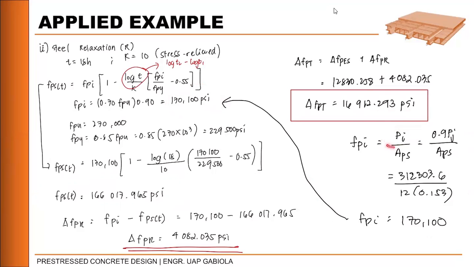So since that is a force, kailangan natin ay stress, i-divide lang natin ang area ng pre-stressing strand, which is 12 ng 0.5 diameter na strand, which is ang isang diameter may area siya na 0.153. Okay? Then ito yung value niya. So kung ito yung total na loss sa stage 1, ibig sabihin pagdating ng stage 2, meron na tayong bagong value ng loss.